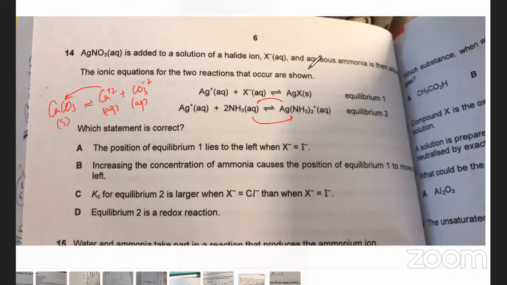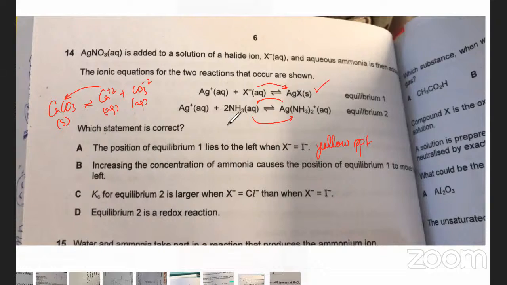Will the position lie to the left or to the right? When you have iodide and you add silver ions, does a precipitate form? It forms. You do get a yellow precipitate, right? So that means the equilibrium is shifted to the right. That means you are getting a yellow precipitate. That is the test for iodide. Is that clear?